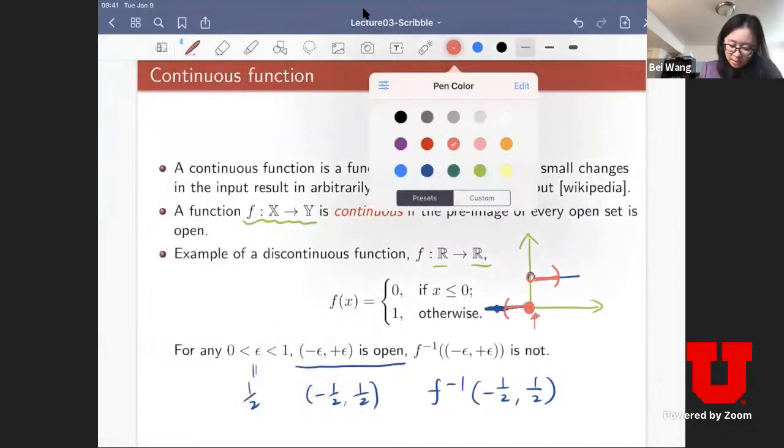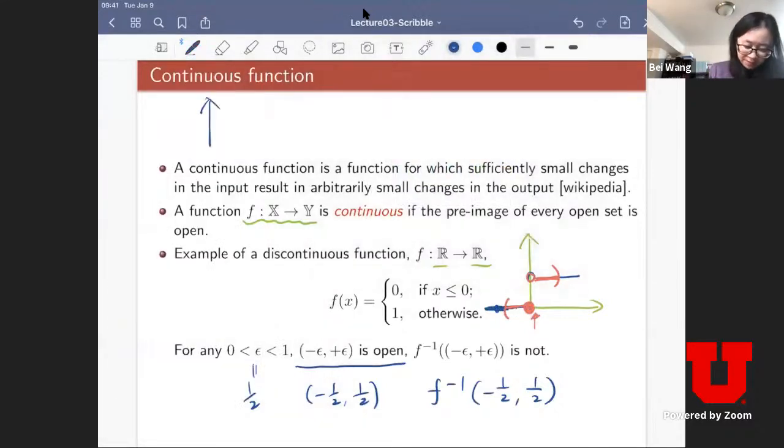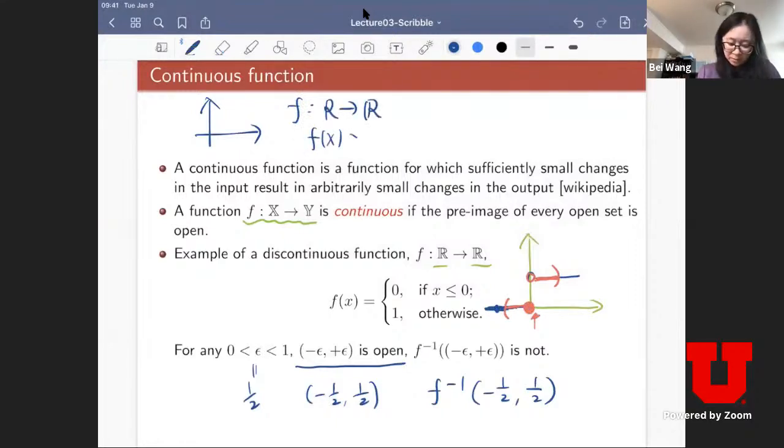Again, you can also validate with a function which is simple. Let's say my function f is from real line to real line, where specifically f of x is equal to x, right? So what is the image of this function? The image of this function is just a line that goes along the diagonal.